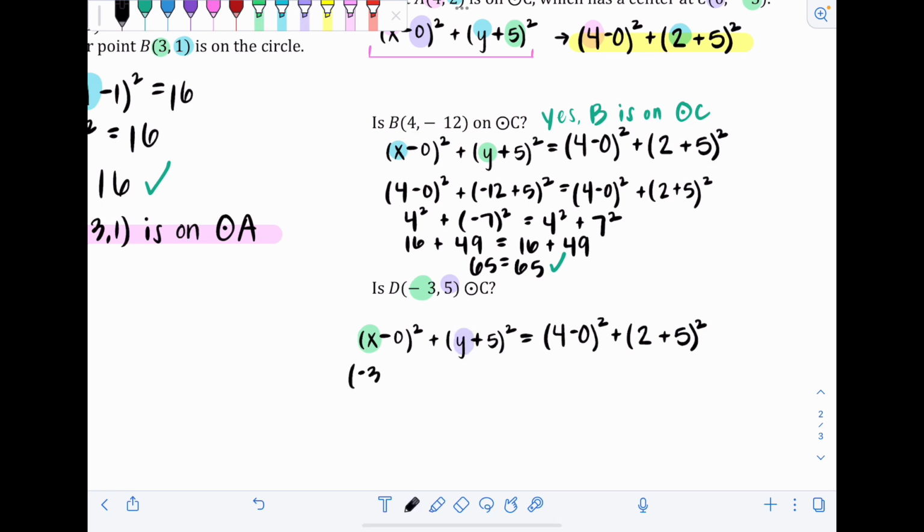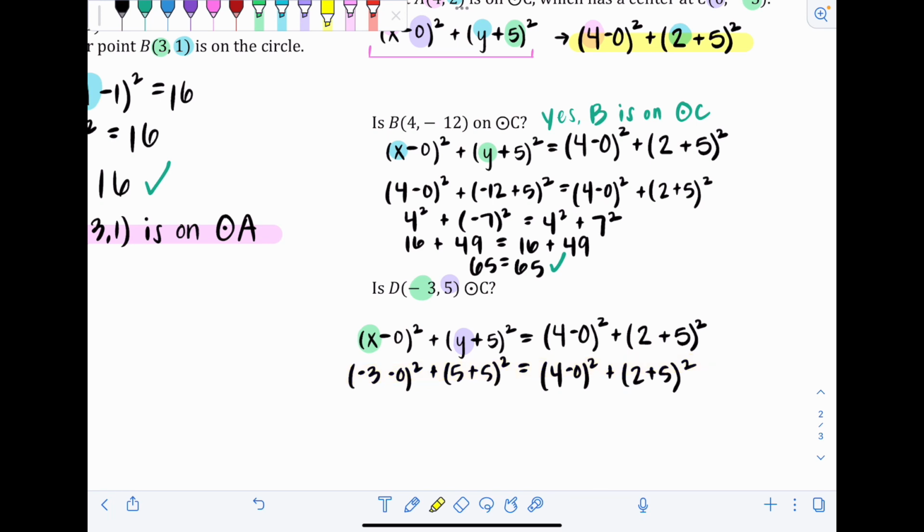So it'd be (negative 3 minus 0) squared plus 5 squared equals (4 minus 0) squared, and then plus (2 plus 5) squared. Again, this is the initial setup that some of the multiple choice problems will be looking for you to identify as the correct one. So we want to be able to show that setup, and then you would simplify to see if it's actually a true statement.